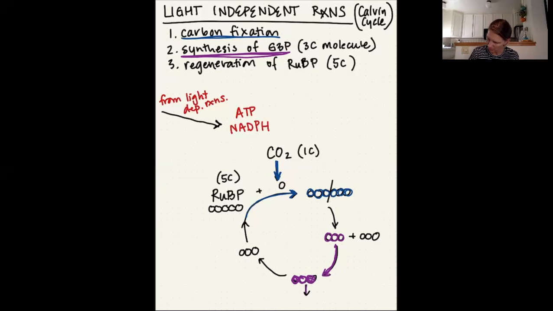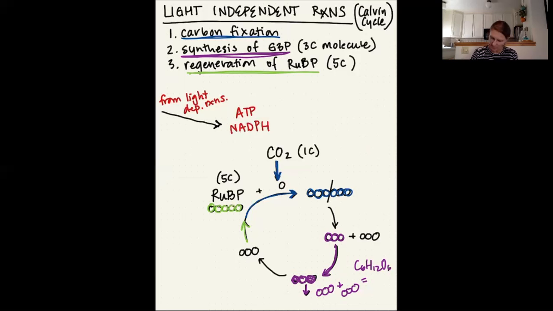This 3-carbon molecule is going to come out of the system and join with another one that had come out of the system before, and that is going to make our C6H12O6 glucose, right? Now, the regeneration of RuBP is going to happen here, where we start regenerating and we have to remake our RuBP in order for the cycle to continue.